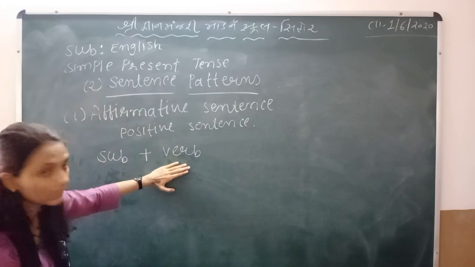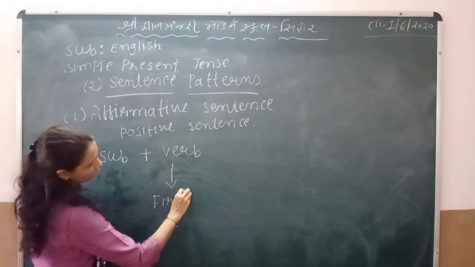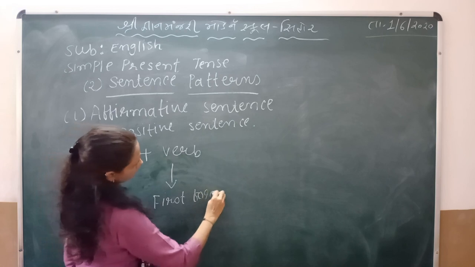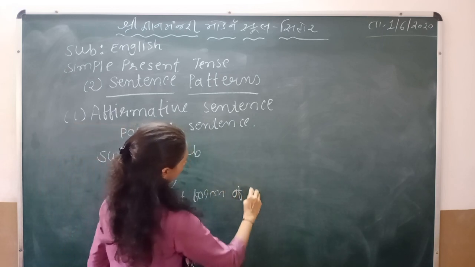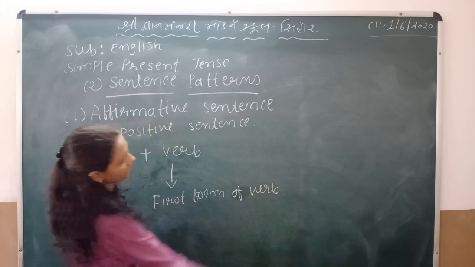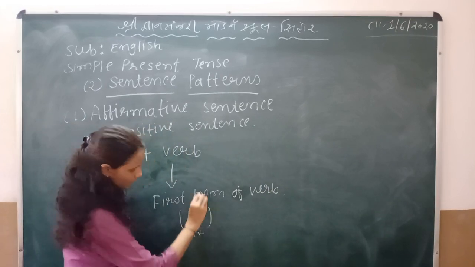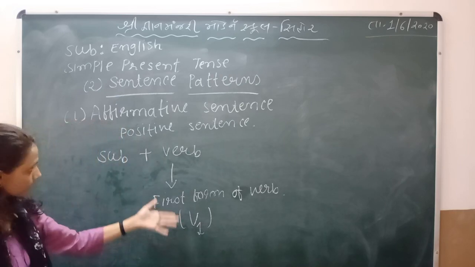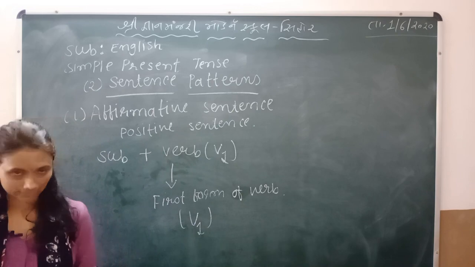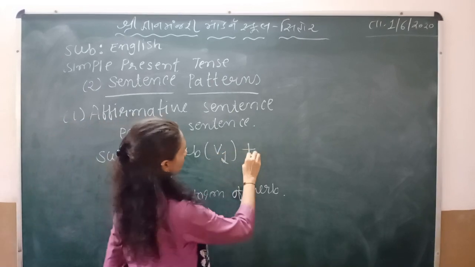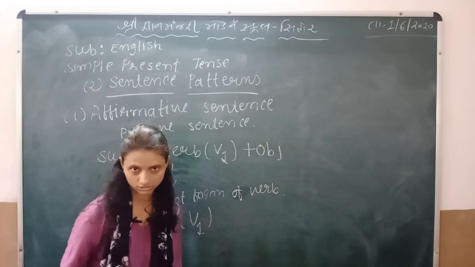As you know, this is the simple present tense. So here we need first form of verb, which is known as V1. After that, we must need object.